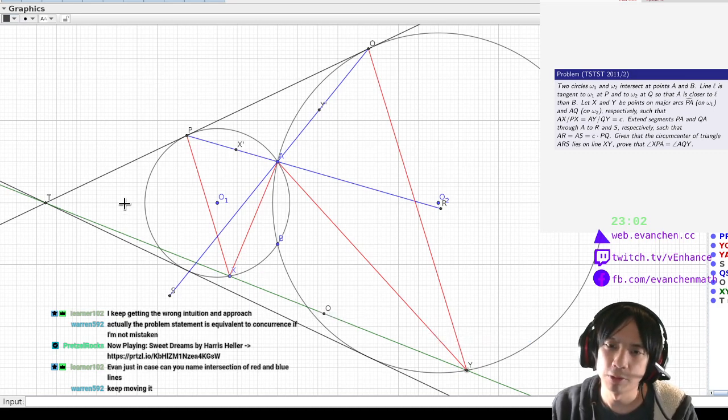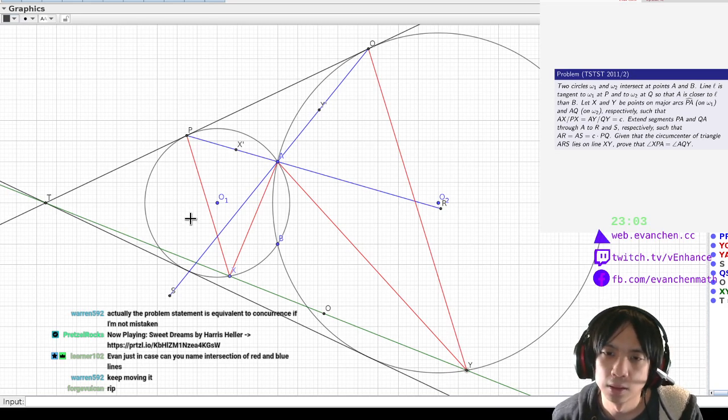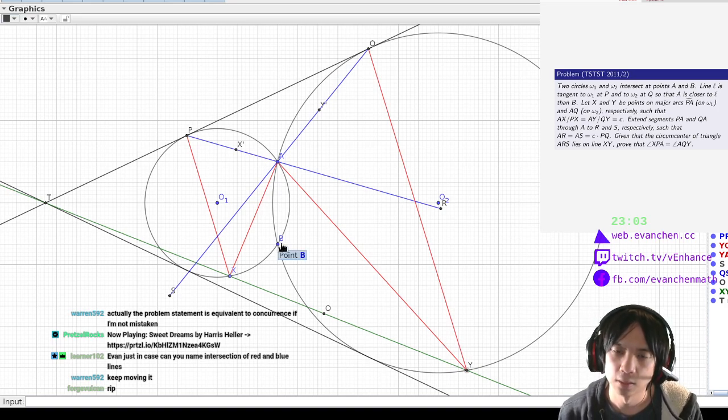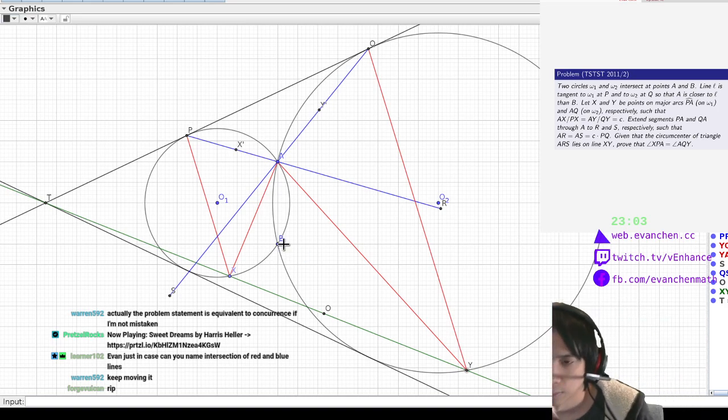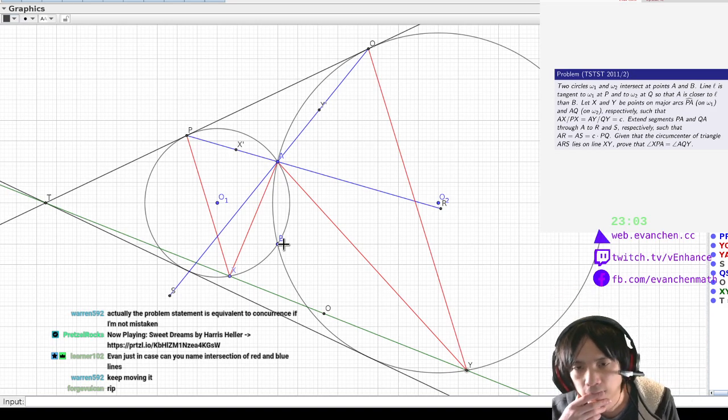Okay, anyways, what does the problem want me to prove? I actually haven't looked at that yet. XPA is equal to YQA. So this arc is equal to that arc. Is that true just if they're parallel?